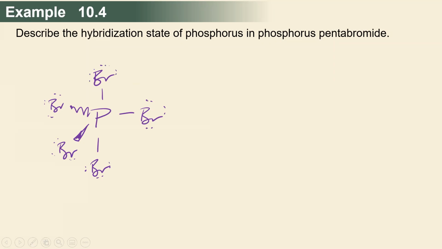It doesn't have any lone pairs, and so it's just the same as its molecular geometry. What hybridization is necessary for phosphorus pentabromide? sp3d. So essentially we're counting up the number of bonded atoms and the number of lone pairs on that central atom, and we need that number of orbitals.